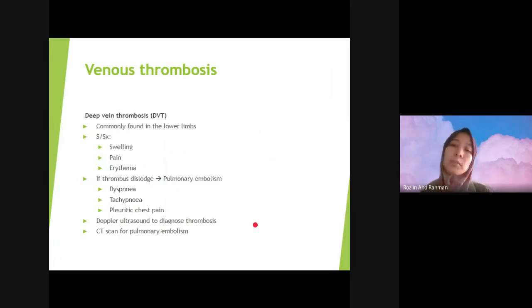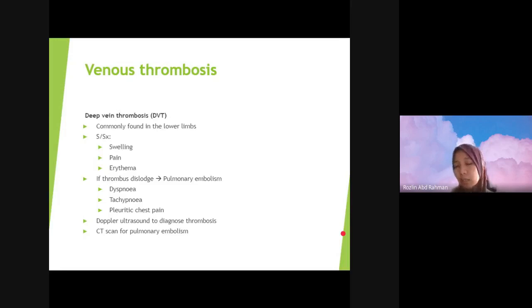The most common thrombosis occurs in the deep vein, which we call deep vein thrombosis, usually in the leg. A female patient will complain that her leg is swollen, reddish, and painful. So probably it is due to DVT, or deep vein thrombosis. Deep vein thrombosis is quite dangerous because if part of the thrombus migrates, dislodges, and gets stuck in the vasculature of the lung, you can get pulmonary embolism.